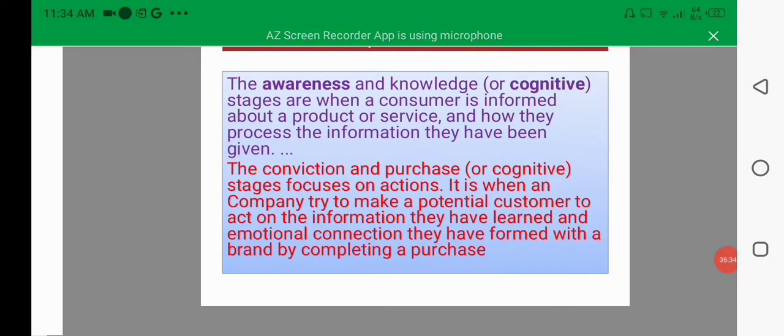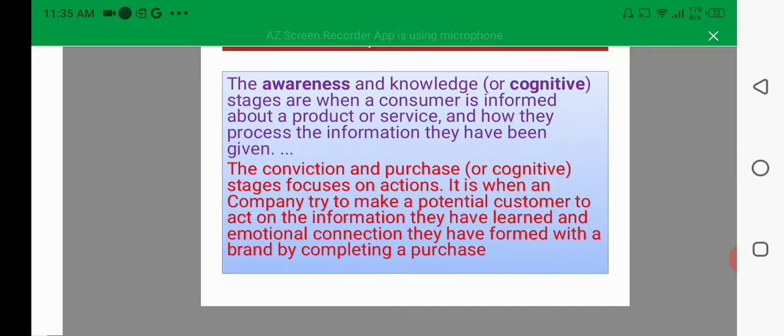What is cognitive awareness to purchase? This is the third stage, where knowledge is provided about the service or the product, and the consumer is aware, and how they process the given information is the feel.